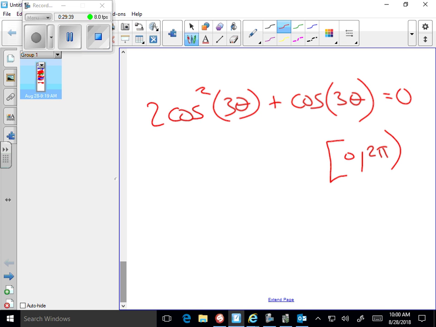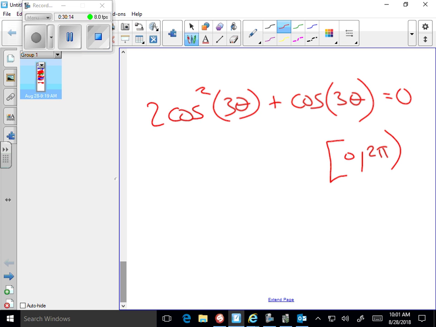Negative 1/2. 2 pi over 3. 4 pi over 3. 8 over 3. 12 solutions, huh? 10 pi over 3. I don't have 12 pi over 3. I have 14 pi over 3 and 16 pi over 3.